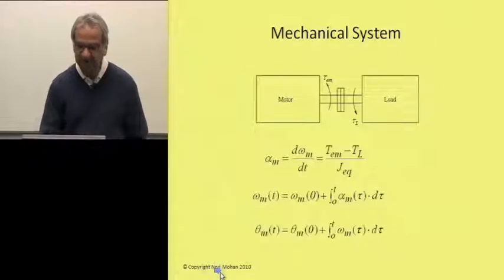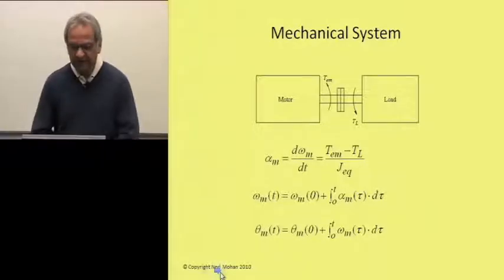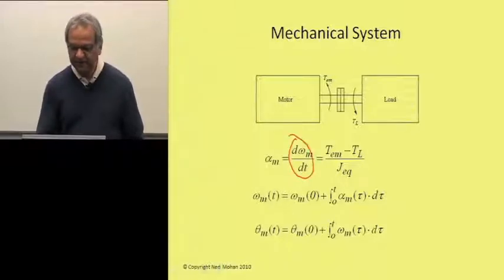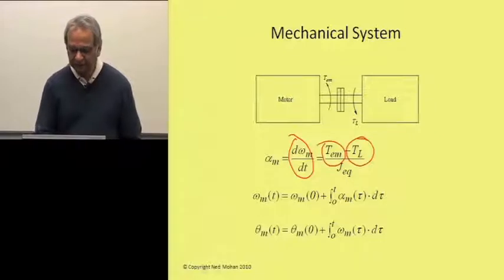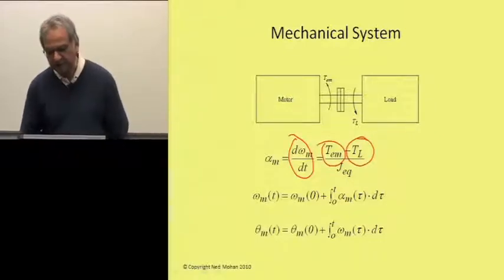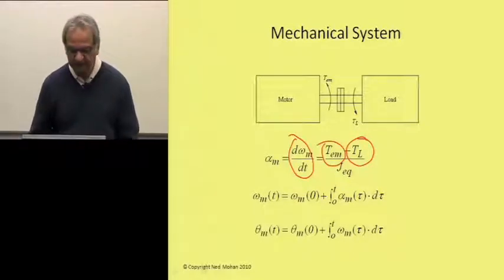So we know this electromechanical equation here, that the acceleration is dependent upon the difference between the electromagnetic torque that is generated and the opposing load torque, divided by the equivalent inertia of the system, assuming damping to be negligible here.